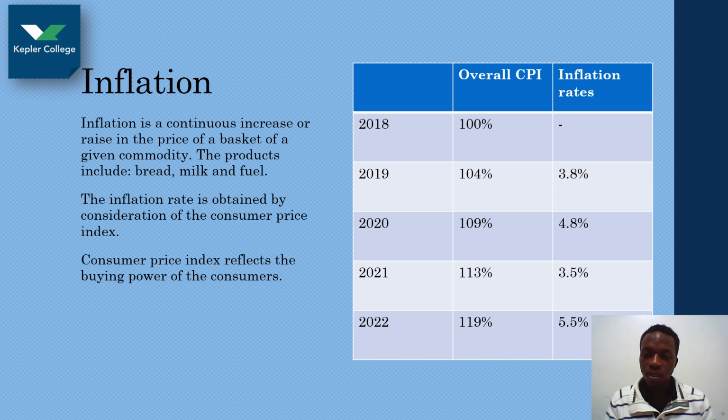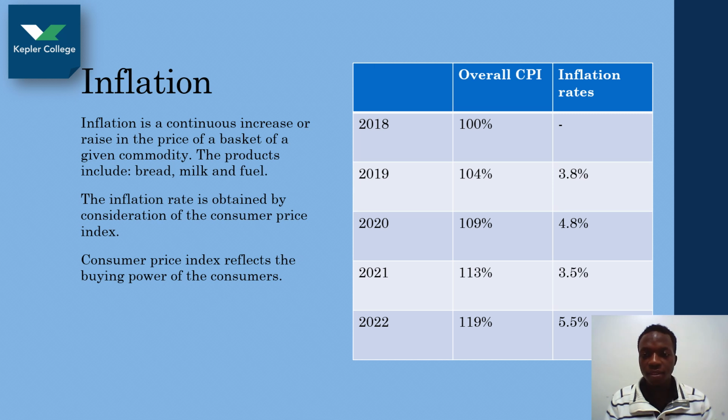And also the consumer price index reflects the buying power of customers in reference to a given quantity or a basket of consumers. So this first concept reflects the first scenario where we had to analyze the situation of different years, as you can see in this table, which shows the overall CPI and the inflation rates within these given years.